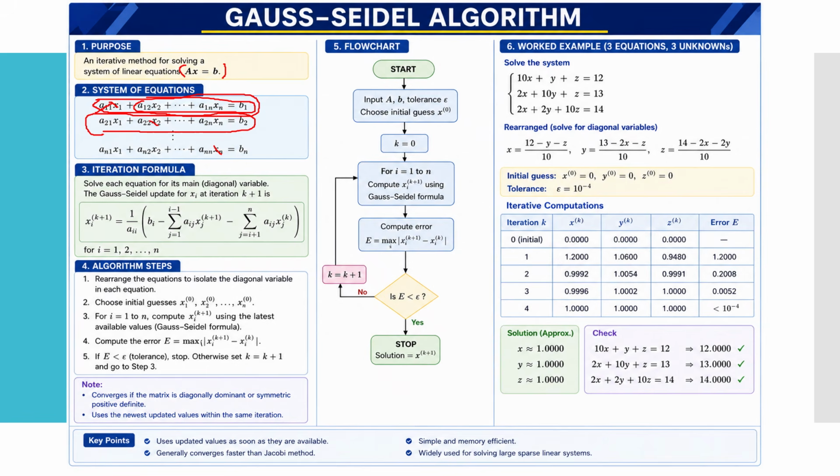So we can write in terms of ij to get the general representation to solve the diagonal variable using Gauss-Seidel.